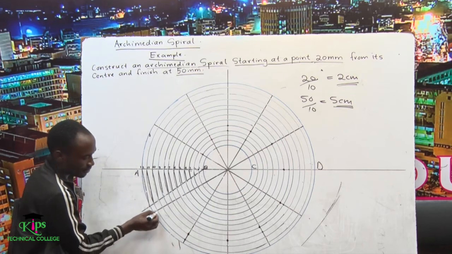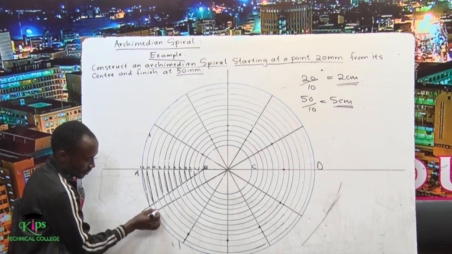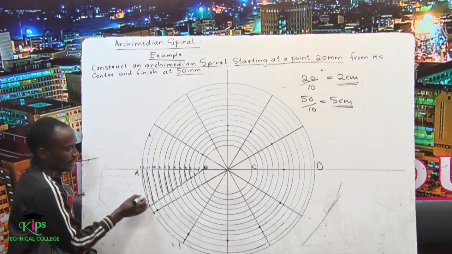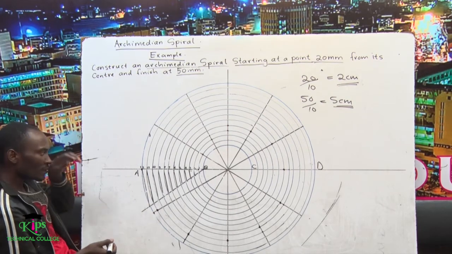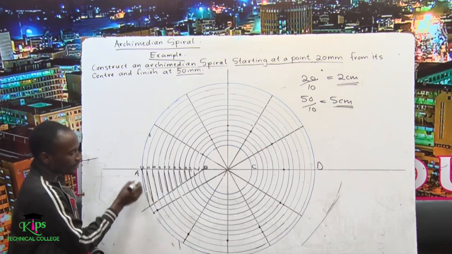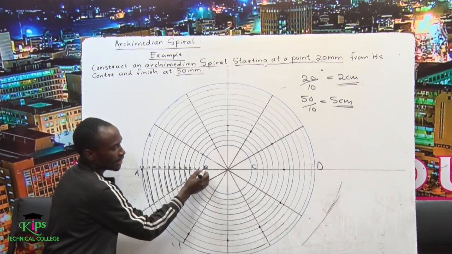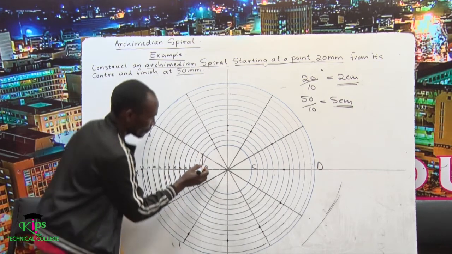Then the other one should be here. Then finally, it should touch the 12th point. So like that. So we will start by drawing an Archimedean spiral all the way up to this point. So starting at this point, which is point B, it will be like that, like this.